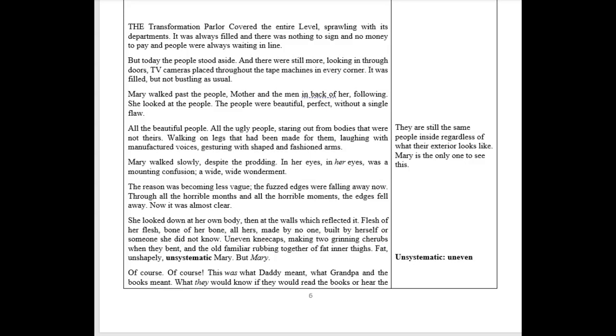Flesh of her flesh, bone of her bone, all hers, made by no one, built by herself or someone she didn't know. Uneven kneecaps making two grinning cherubs when they bent, and the whole familiar rubbing together of the inner fat thighs. Fat, unshapely, systematic Mary. But Mary.